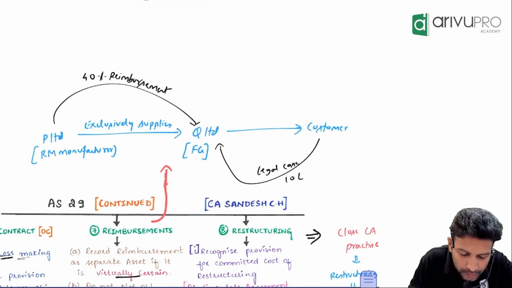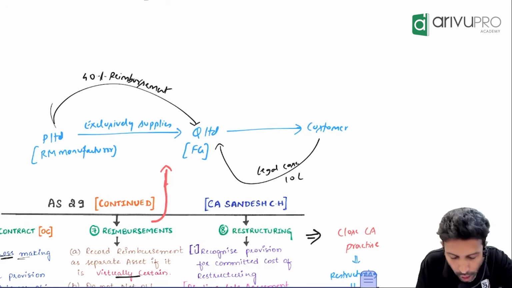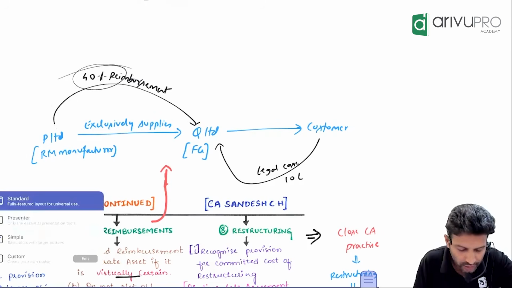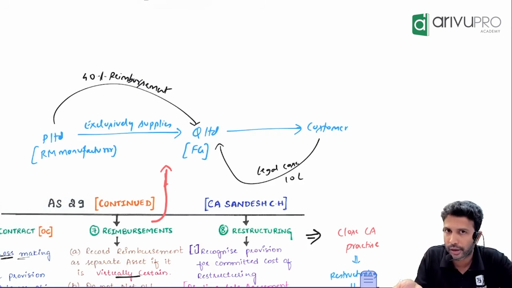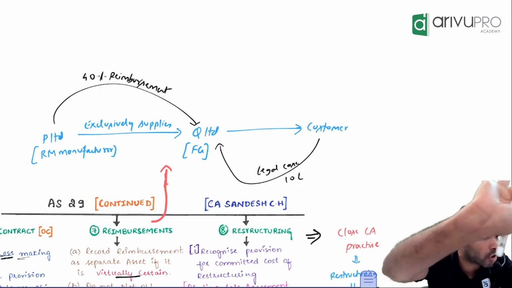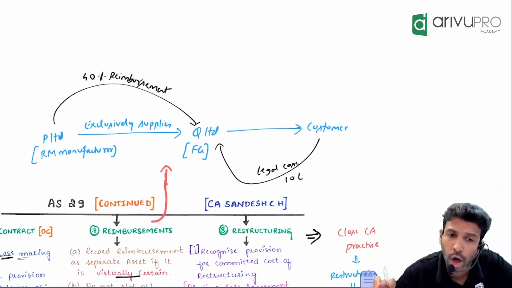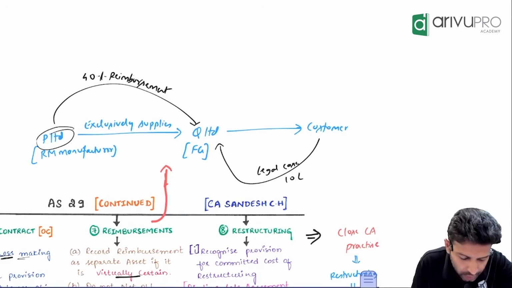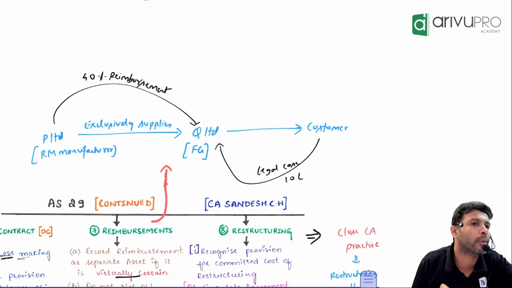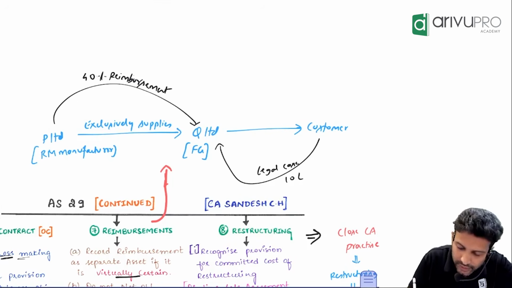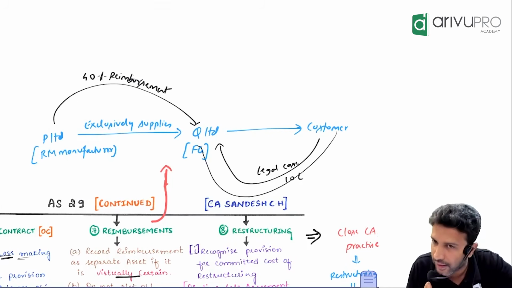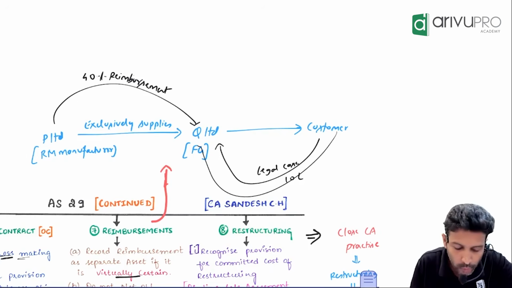P Limited. Or rather, P will reimburse Q 40%. Sir, why? If it is a faulty product, raw material can also be a cause of it. Who is supplying the raw material? P Limited. Hence, P and Q have made this arrangement. If any customer files any compensation claim, what will P Limited do?